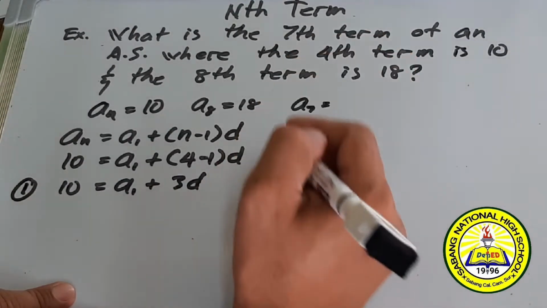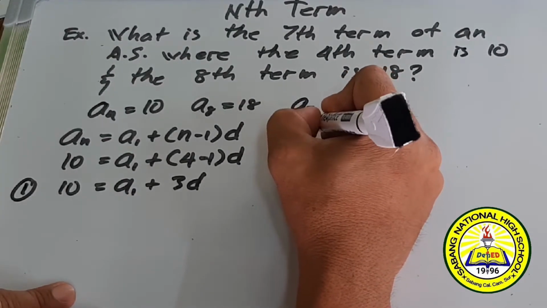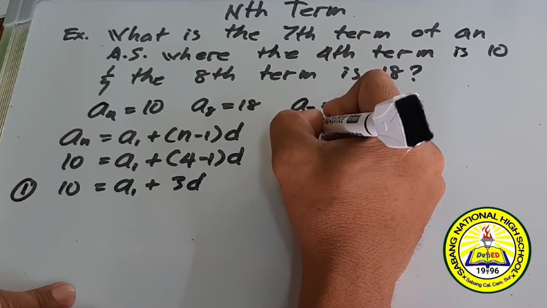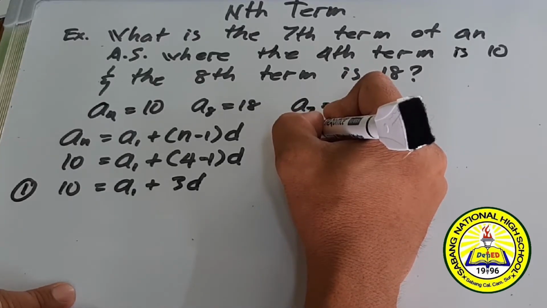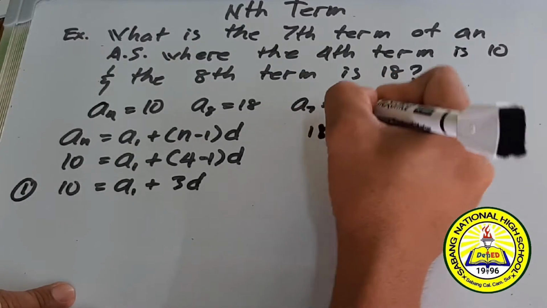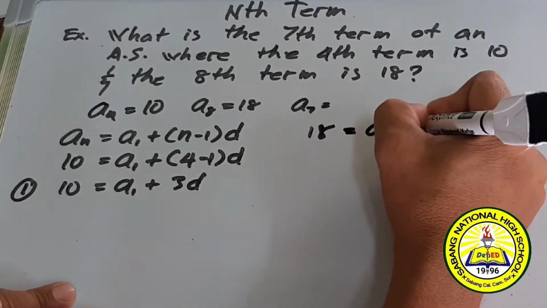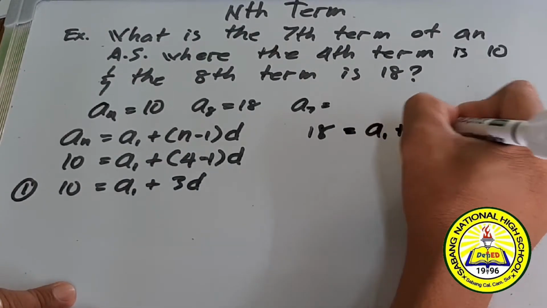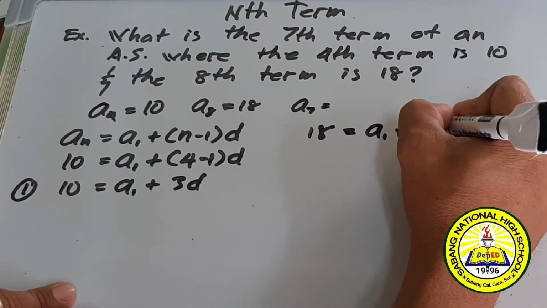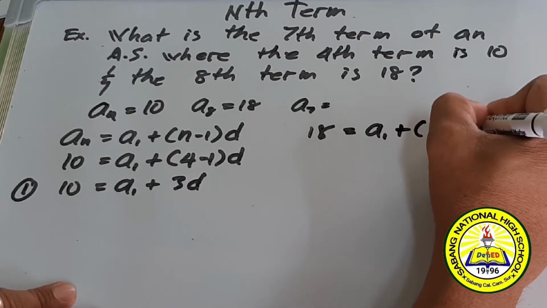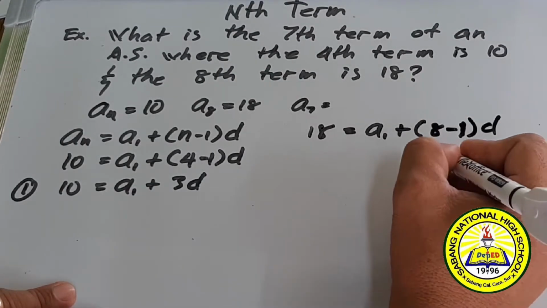Next, we also know that a sub 8 is equal to 18. So we are going to change a sub 8 with 18. It is equal to, again, a sub 1, that is unknown, plus the 8th term, change n with 8, minus 1 times the common difference.